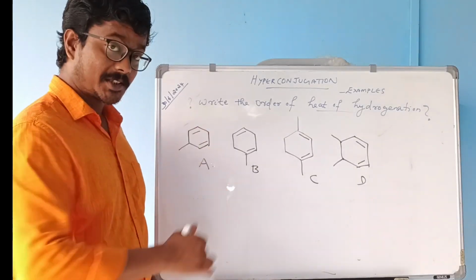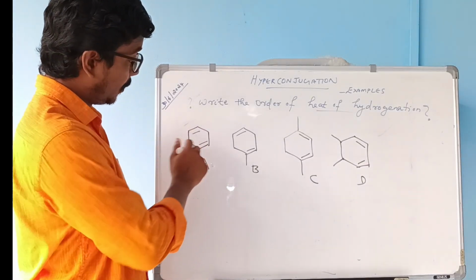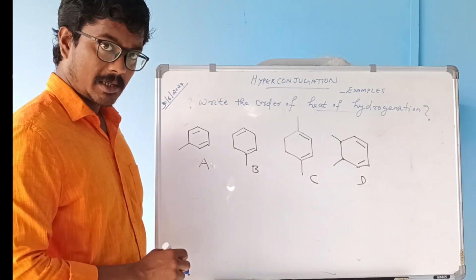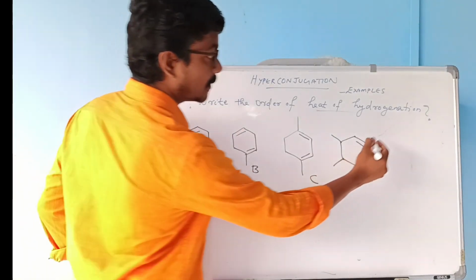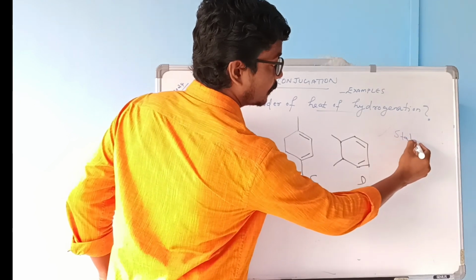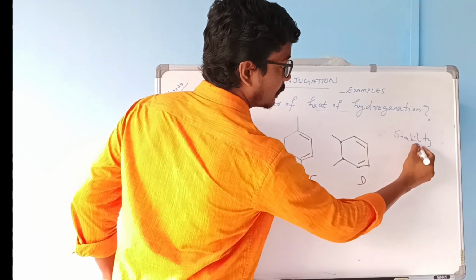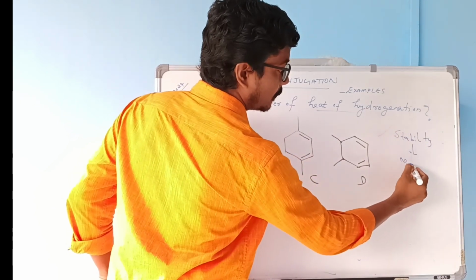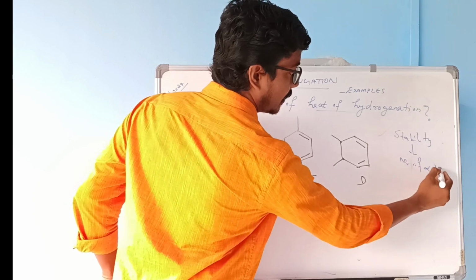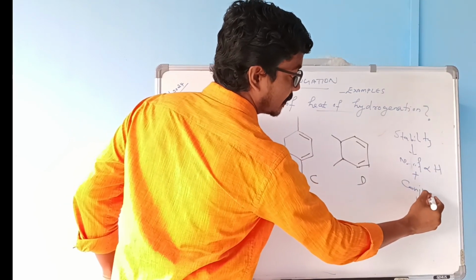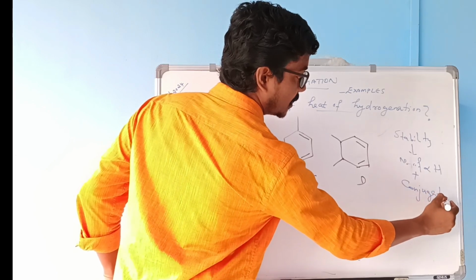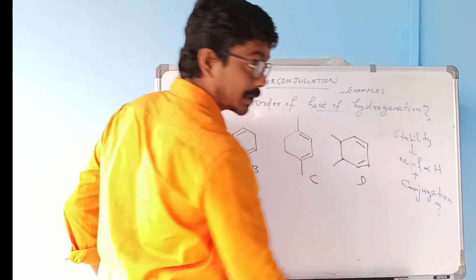Let's consider the first case. In the case of compound A, for stability, two reasons we must consider. First, the number of alpha hydrogens, plus whether conjugation exists or not.